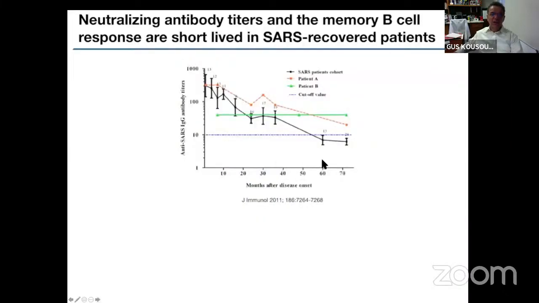I wanted to also tell you that we know from the past for SARS-CoV-1 that neutralizing antibodies and memory B cell responses are short-lived in SARS-recovered human patients. You can see here in some of these patients, the cohort itself in black, patient A, patient B, that over time, in months, the B cell response and antibody response waned.